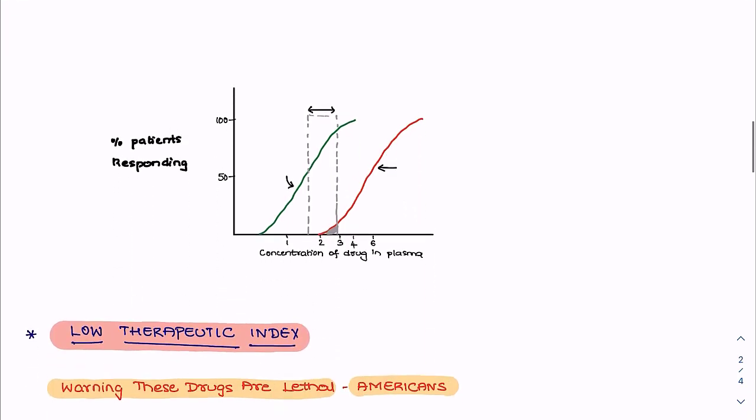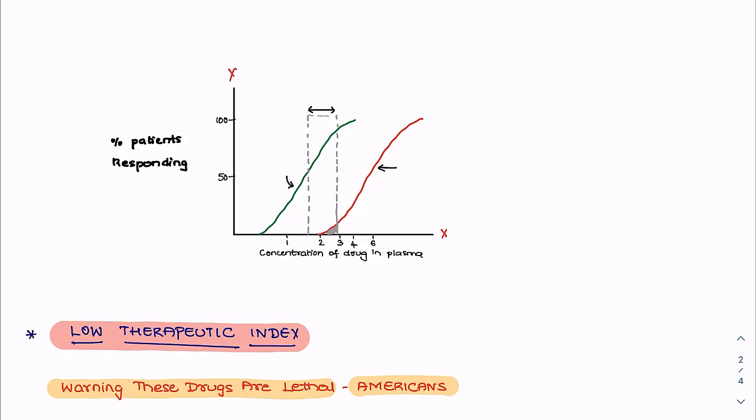Please remember, in your upcoming exams they can give a graph and ask you to identify what this represents. Here we are not calculating the 50% of the dose which is required to produce the effective response or the toxic response. In this graph the x-axis is the concentration of a drug in plasma and the y-axis is the percentage of patients responding to it. The graph remains the same.